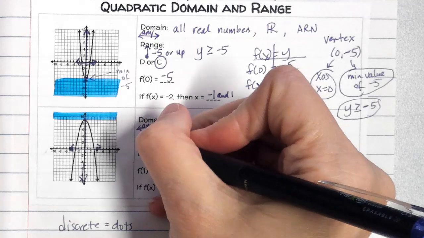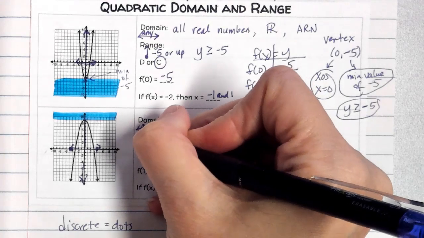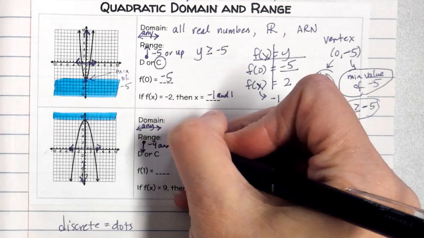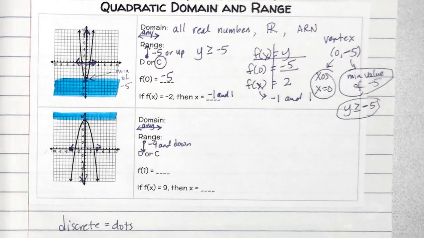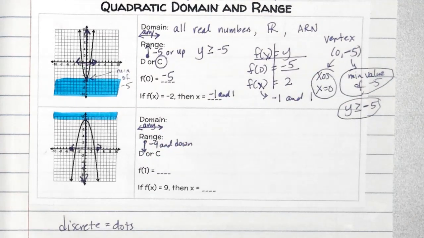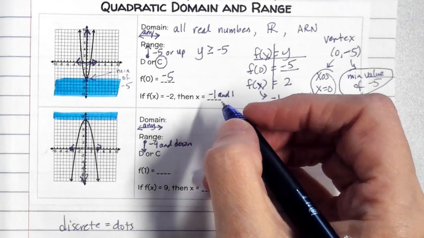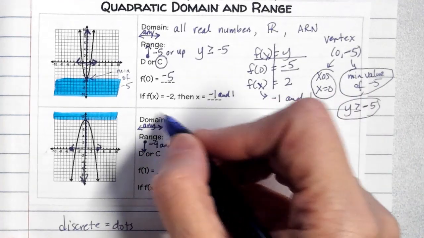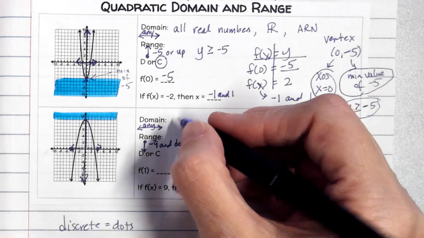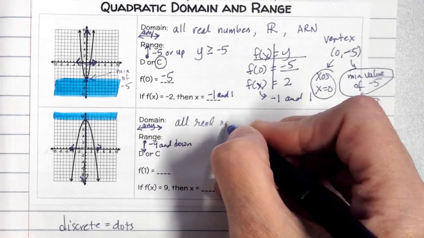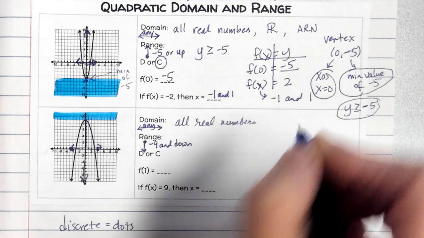Okay? So this one, my range, looks like -9 and down. -9 and less. Okay? So if I write that, remember, anytime there's just arrows going every direction, that's going to be all real numbers.